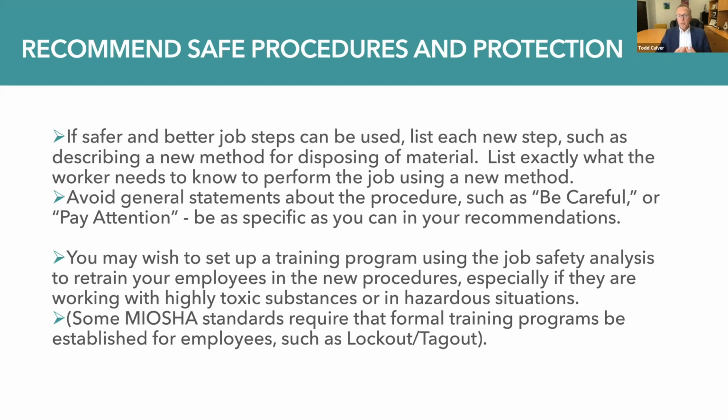You may wish to set up a training program using the job safety analysis to retrain employees in new procedures, especially if they're working with either toxic substances or in hazardous situations. And it's important to remember that some MIOSHA standards require that formal training programs be established for employees, such as the control of hazardous energy or lockout tagout.